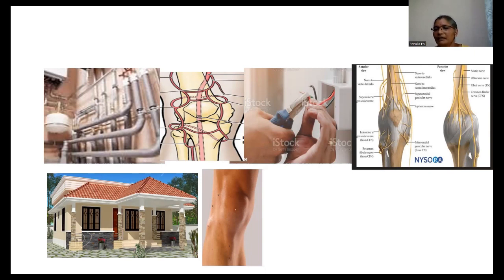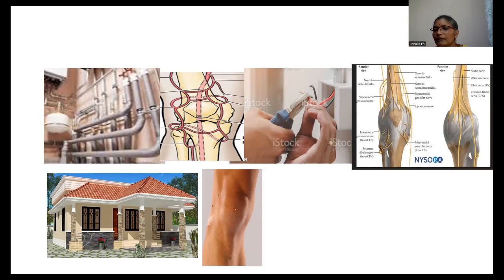Let's go on to the superomedial aspect. 3 nerves here: the medial branch of the nerve to the vastus intermedius, the nerve to the vastus medialis, and the superomedial genicular nerve, which is a branch of the femoral nerve. Let's move on to the inferolateral aspect. 2 nerves here: the recurrent fibular nerve, a branch of the fibular nerve, and the inferolateral genicular nerve, which again is a branch of the fibular nerve.